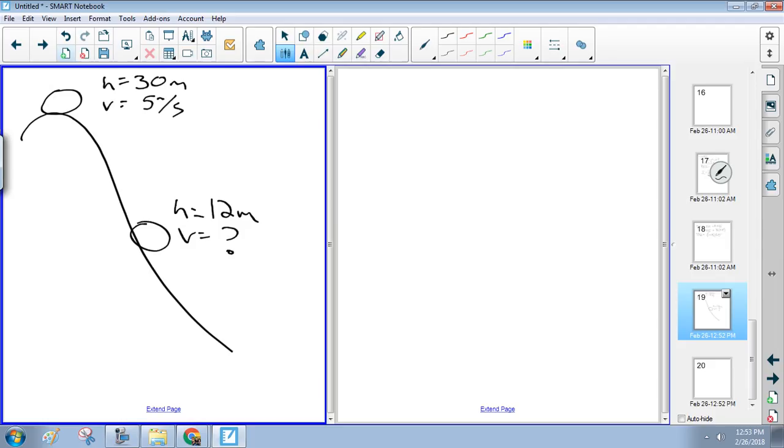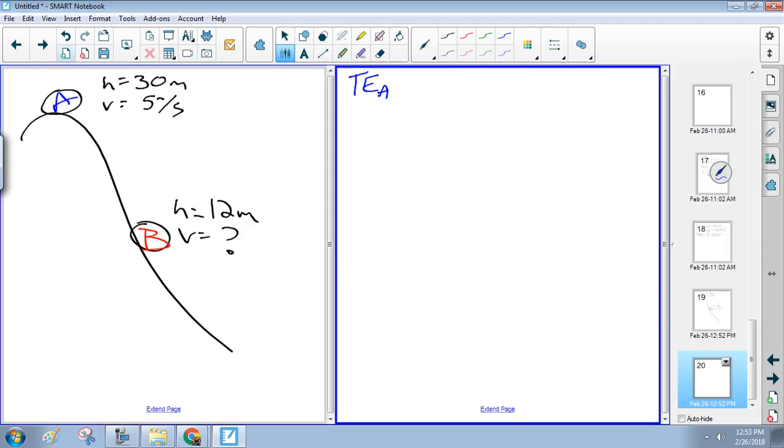So he's not just gaining kinetic energy, he's gaining kinetic energy and rotational kinetic energy. So my setup is going to be this. Let's call this point A, and we'll call this point B. The total energy at point A has got to equal the total energy at point B. Follow?